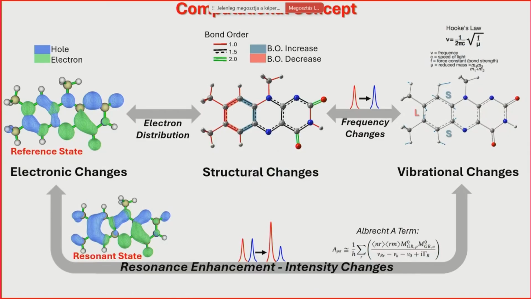And specifically in resonance conditions, there is also another relation here. The intensities of the peaks depend on the interaction between the reference or populated state and the resonance state of the transition that is within the resonance window. These are guided by the Albrecht term, which includes Franck-Condon terms and transition dipole moments.